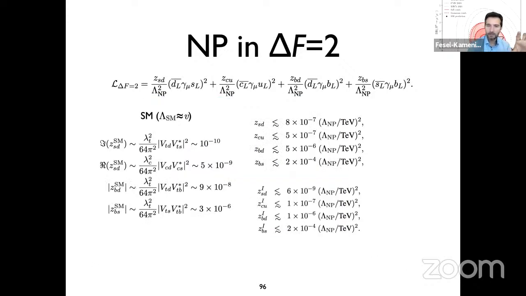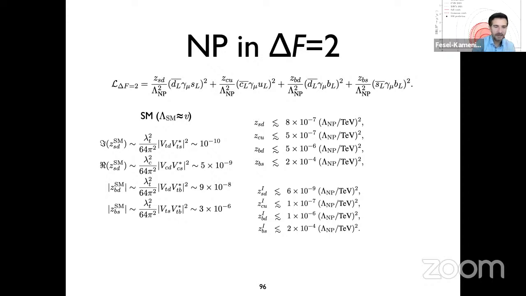As we said, we can also turn the whole argument around and try to understand why there are these severe constraints on new physics. We can trace this back to the particular hierarchical structure of the standard model. We can treat the standard model as an effective theory: once we've integrated out the top, the W, the Z, we have an effective Fermi theory of weak interactions, and we can see what the standard model contributions to these operators are.